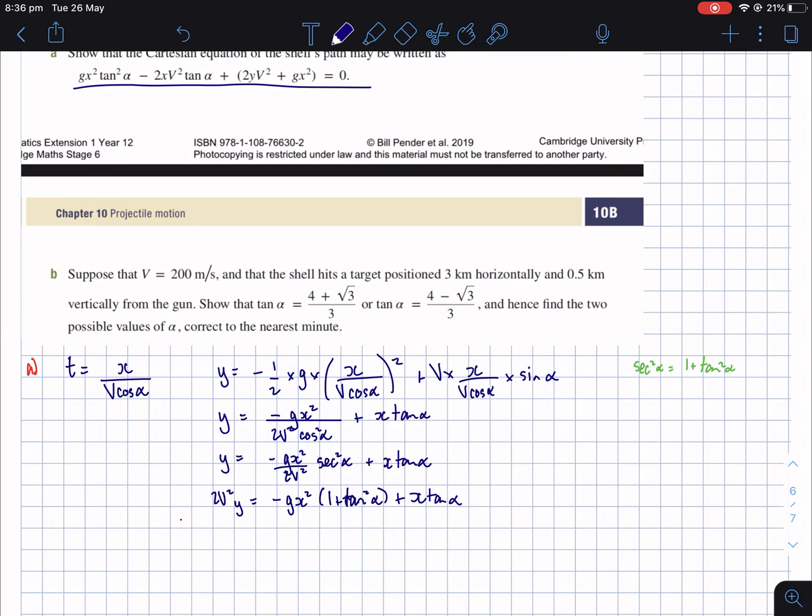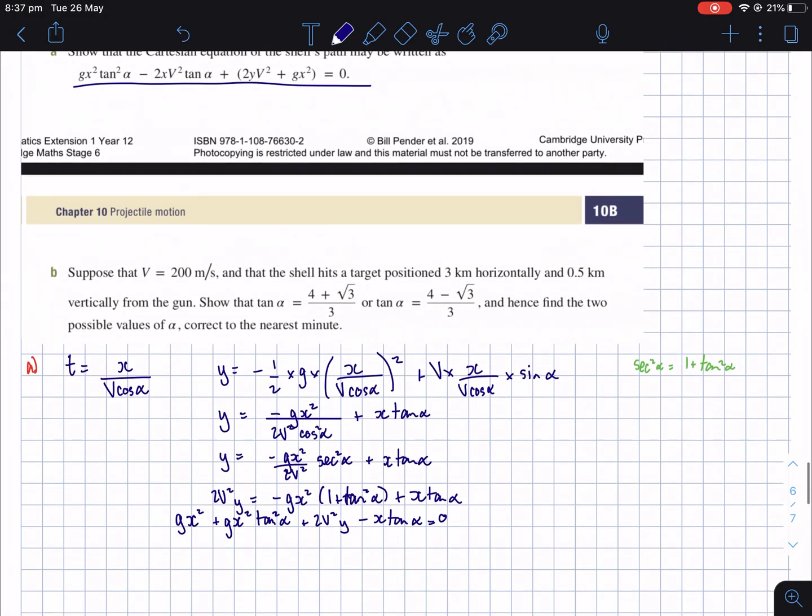So I've got gx squared plus gx squared tan squared alpha plus 2v squared y minus 2v squared x tan alpha, because it's on the left now, equals 0. And what they've got is just a rearrangement of that.